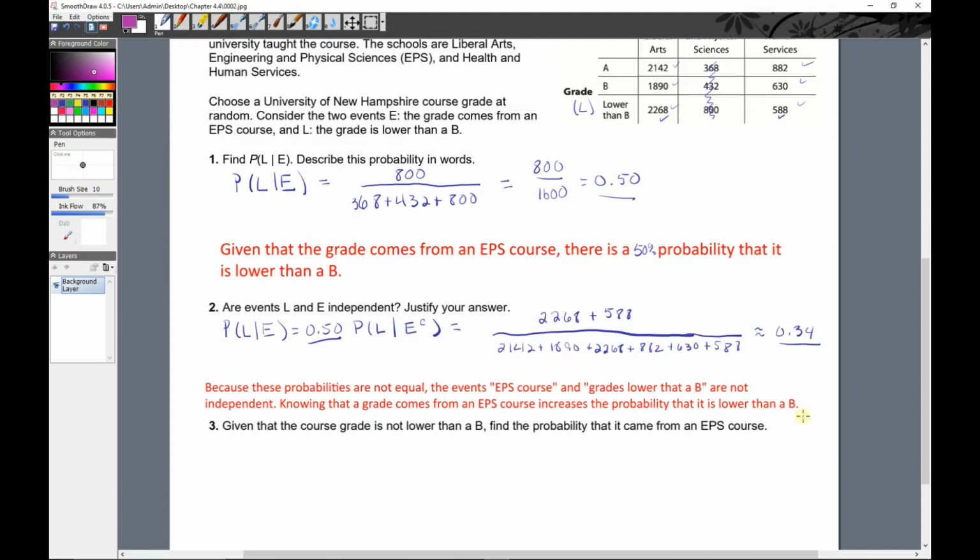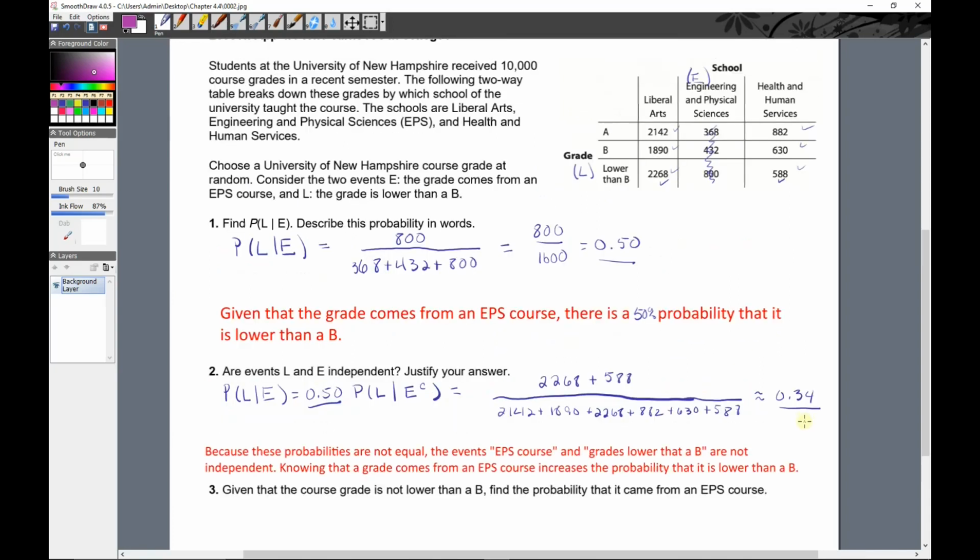If somebody were to walk into the room and say, I attend this college and my grade was lower than a B, we would probably know from the difference in those proportions that they are more likely to have come from this college of engineering and physical sciences.